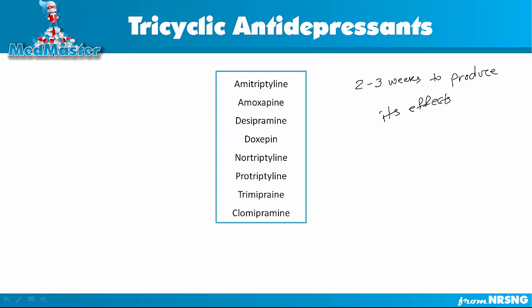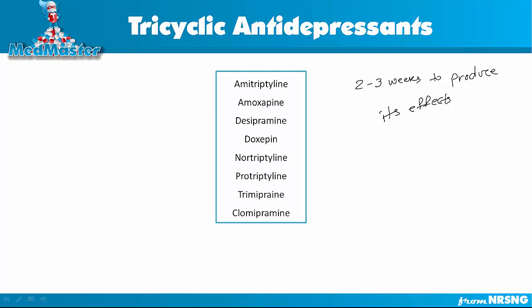Now, here's the important thing to remember. You cannot stop one medication, for example a tricyclic antidepressant, today and start them on a monoamine oxidase inhibitor or selective serotonin reuptake inhibitor tomorrow. You have to wait at least 2 to 3 weeks in between in order to stop one class of drugs and start another one.